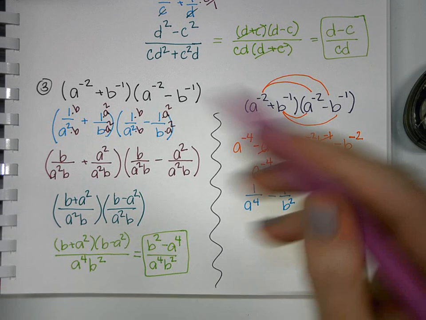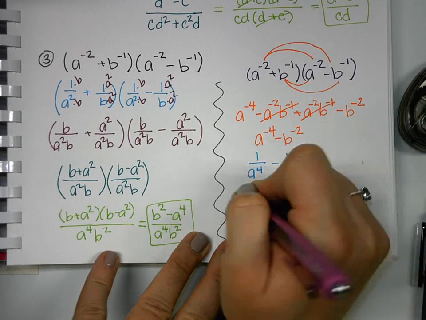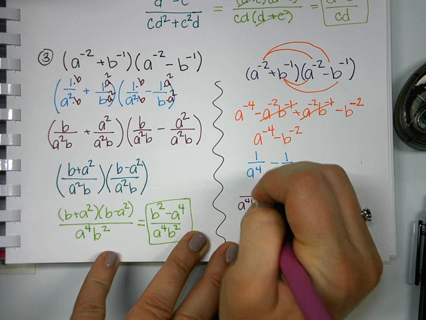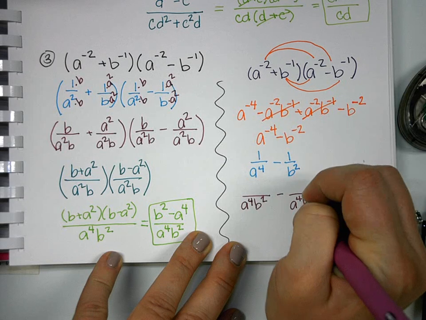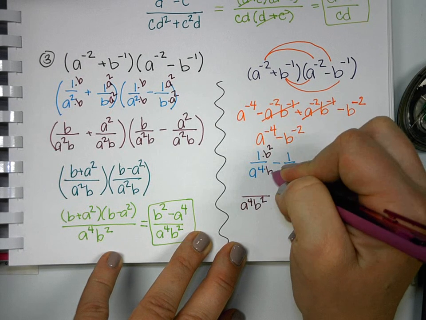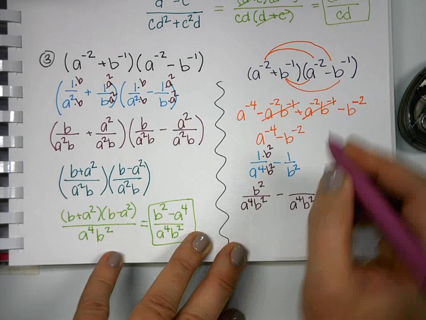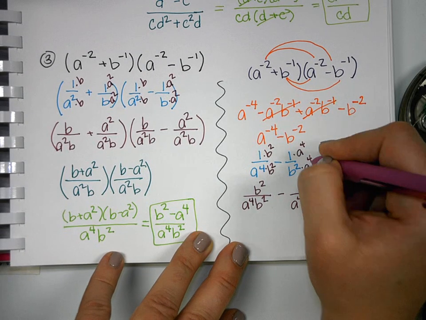Your LCD is a to the fourth b squared. So I have to multiply this first fraction by b squared on top and bottom to get it to become our common denominator. On this one, I have to multiply top and bottom by a to the fourth.